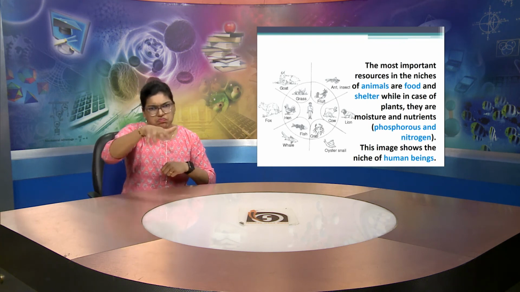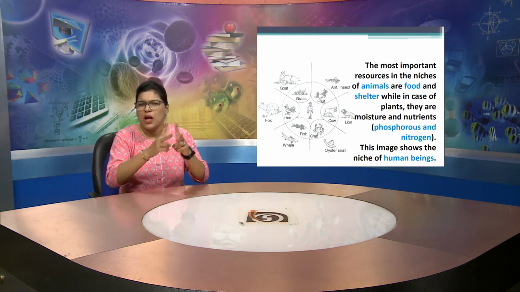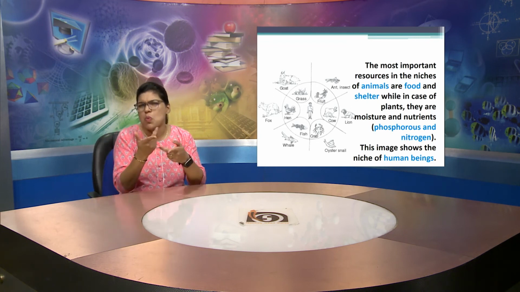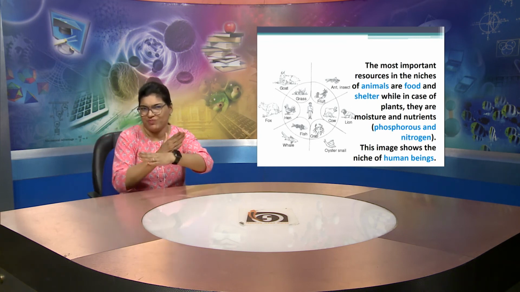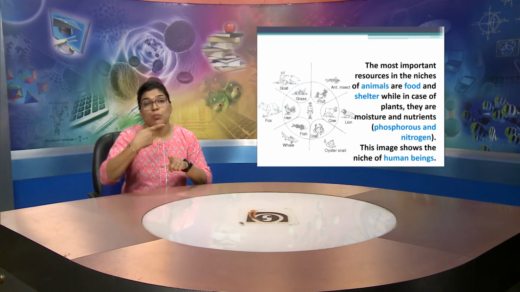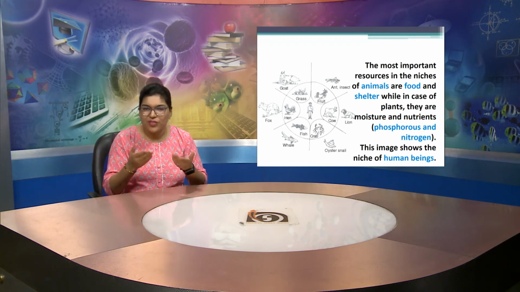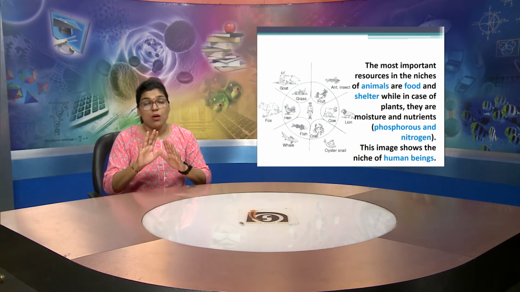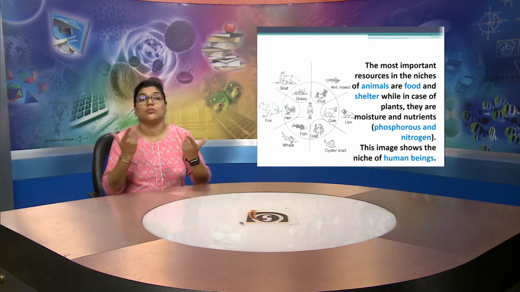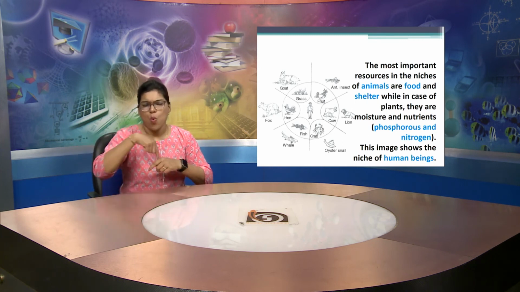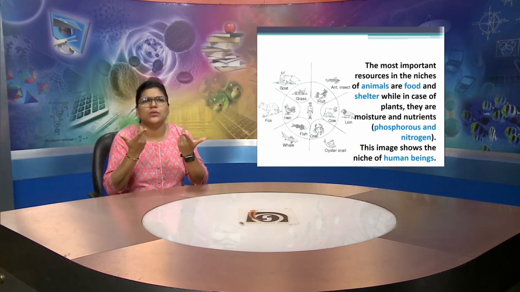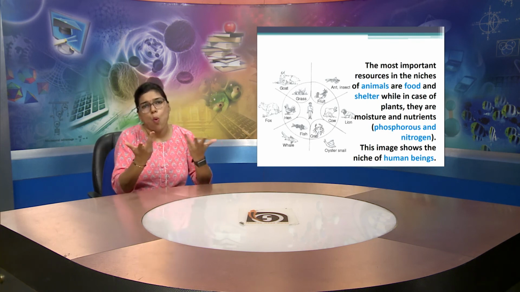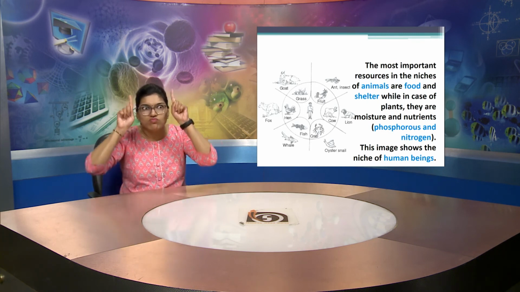The image shows the niche of human beings. In this image, you can see that there is an animal, and also there are different foods shown along with that animal. And if we see the other side of the animals, then we see a man in the center.